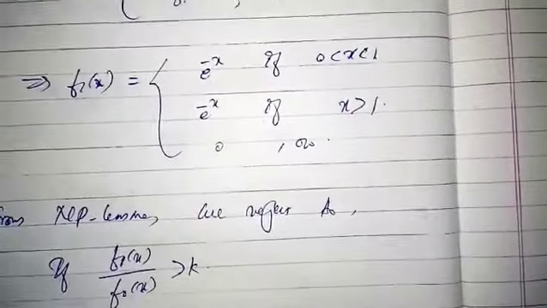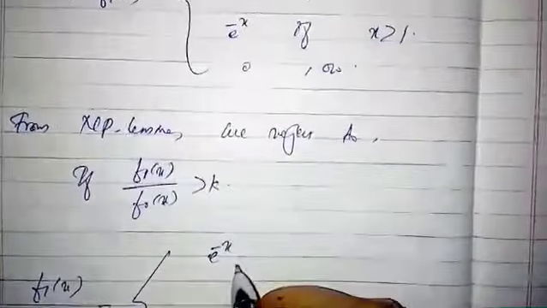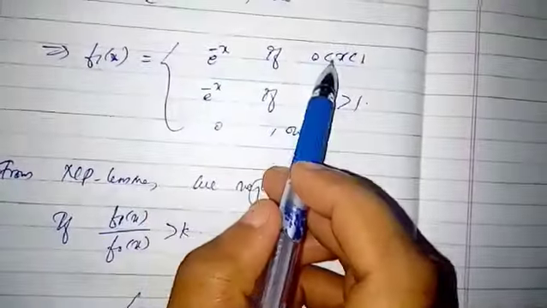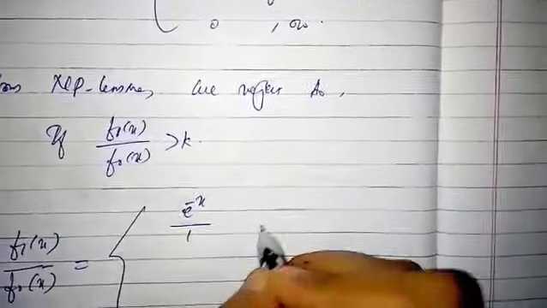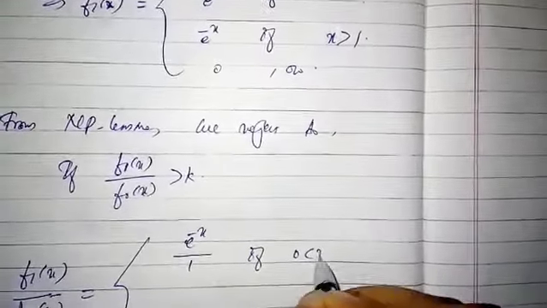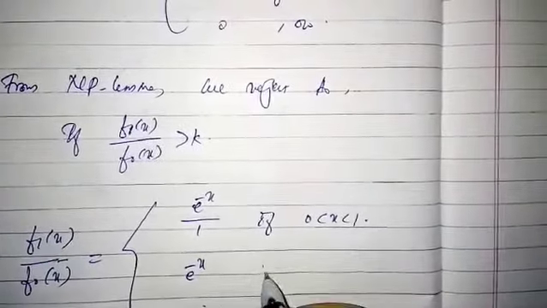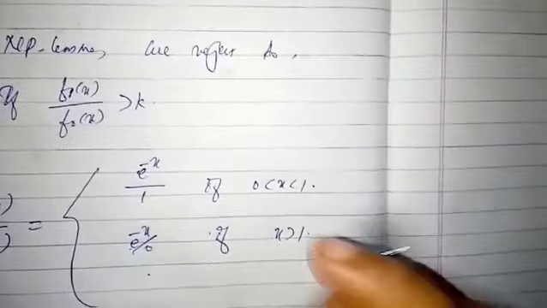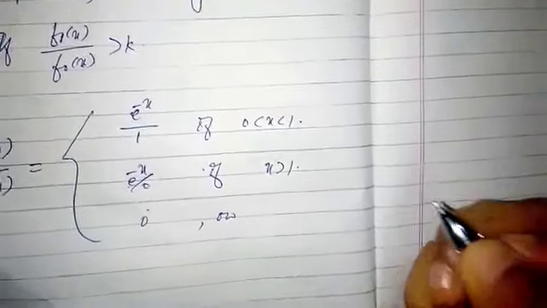Here f1 of x is e power minus x divided by 1 if 0 less than x less than 1, and e power minus x divided by 0 if x is greater than 1, because f0 of x is 0 there.